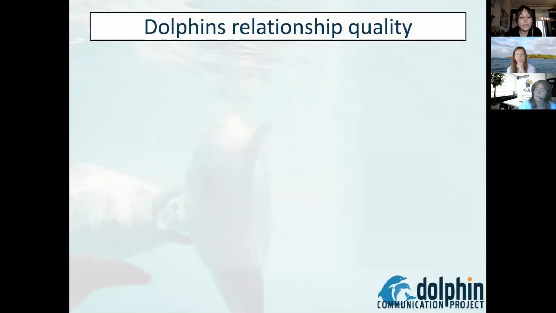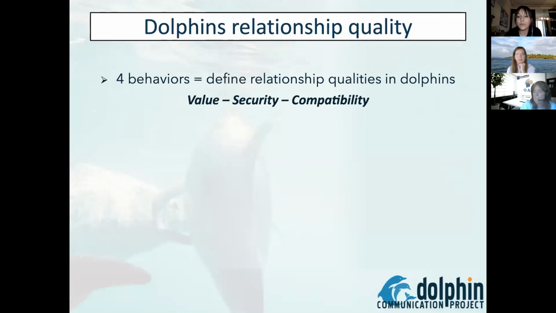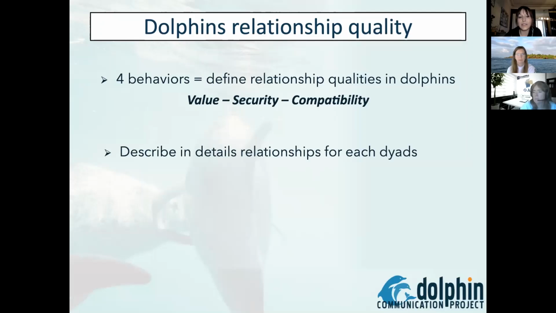So we see that with only four behaviors, we were able to define relationship quality in dolphins and use the same method that was used with chimpanzees and ribbon, and find the three components: value, security, and compatibility. This means that we can describe in more detail relationship quality for each dyad, depending on the nature, the frequency, the consistency, and the symmetry of each interaction.